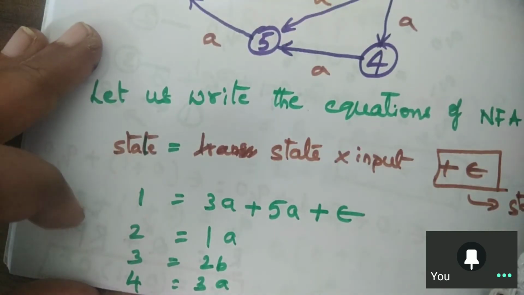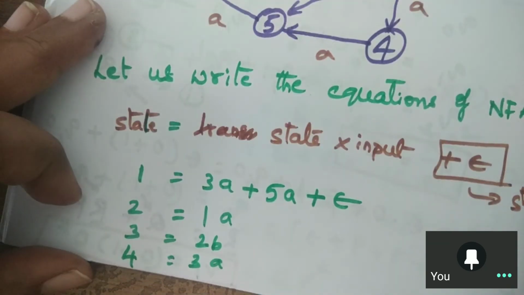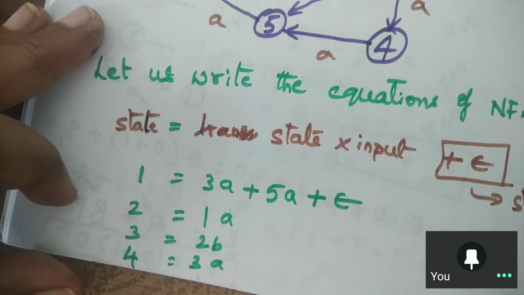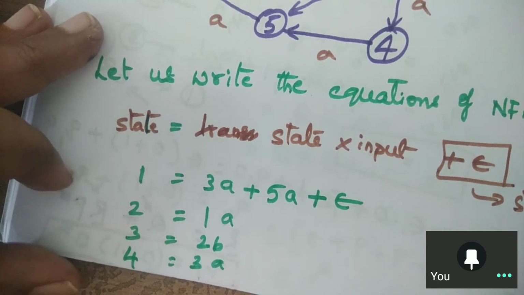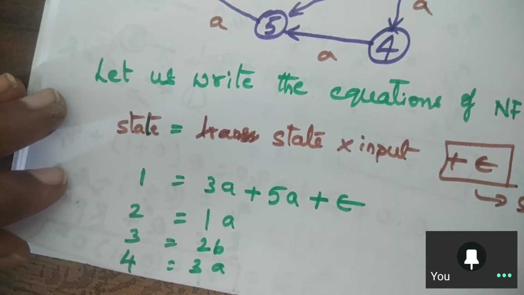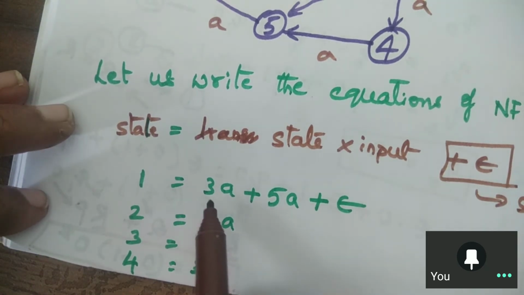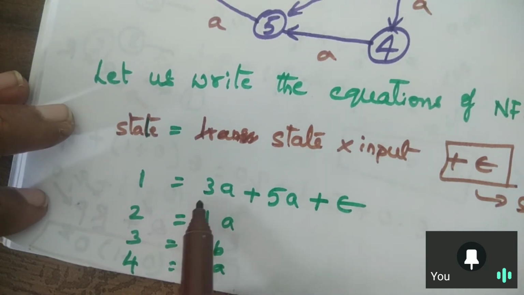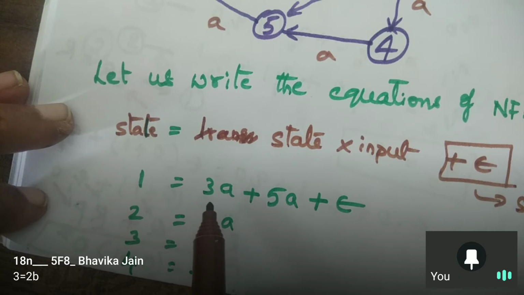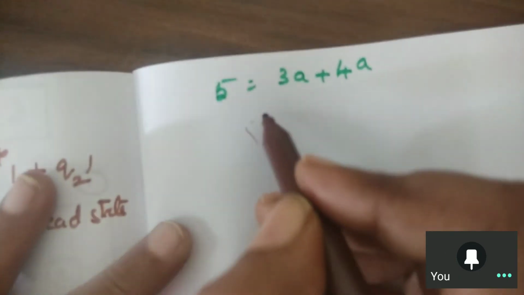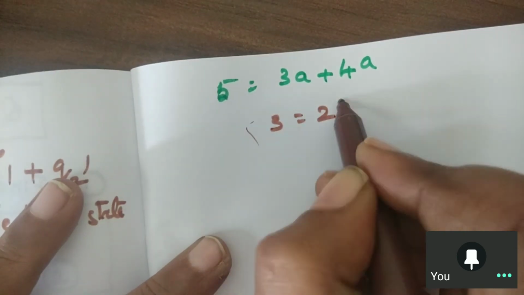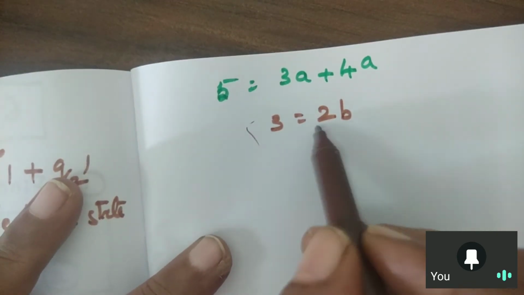From where shall we start? So here I need the value for 3a first. For state 3 I need the value. So for state 3 value is 2b, but again I have another state 2.